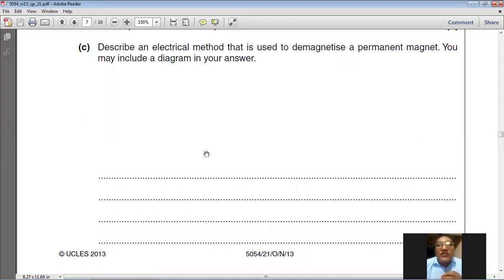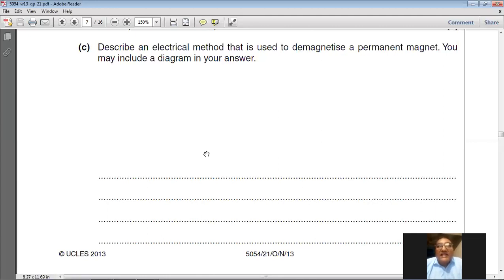Then you will wind a copper wire around it, like a solenoid, and connect the ends of the solenoid to an alternating power supply. Now switch on the current and keep the current at its maximum value for some time, and then gradually reduce the current of the power supply.